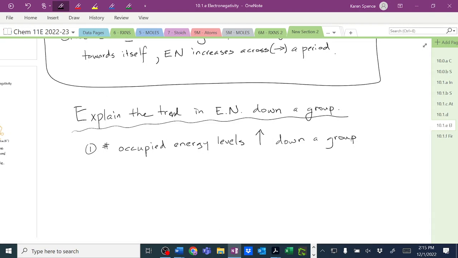Okay, what's next? So we also want to say that higher energy levels are further from the nucleus.